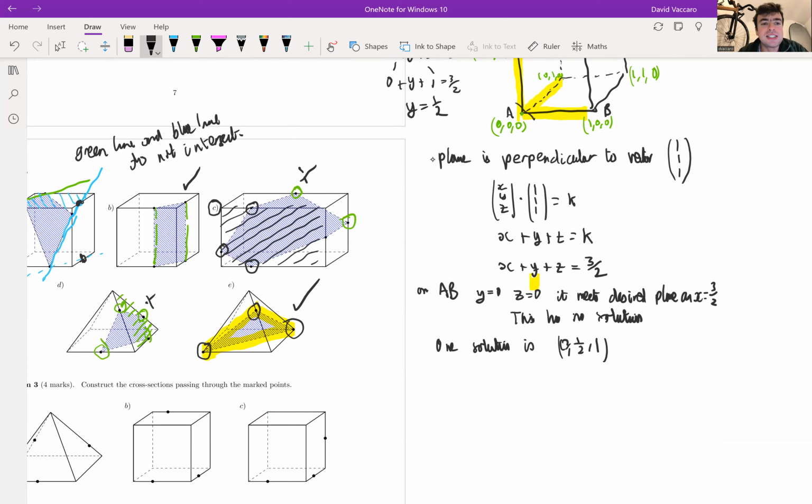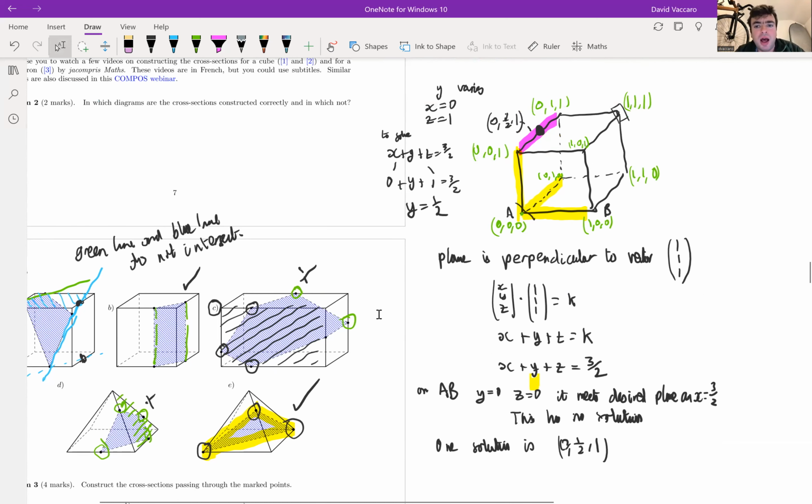Can anyone suggest in the chat, just by symmetry, other solutions that we're going to get? Okay, and the big idea is symmetry.